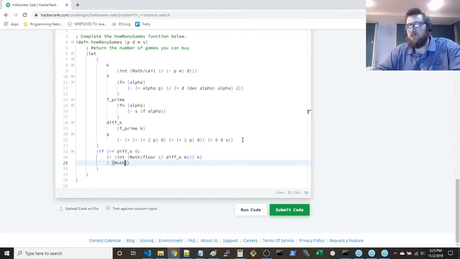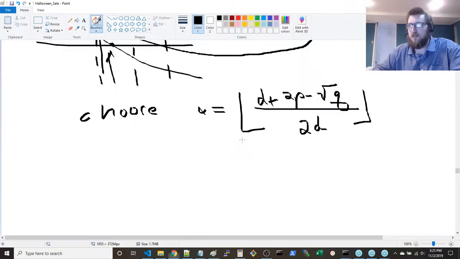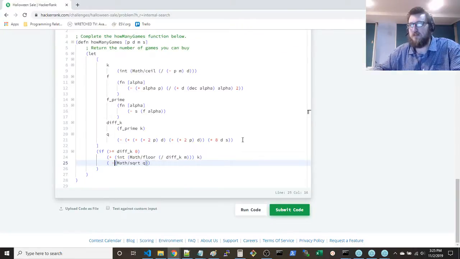So math square root of q, right, minus d plus 2 times p.